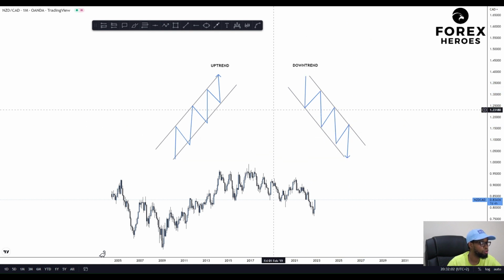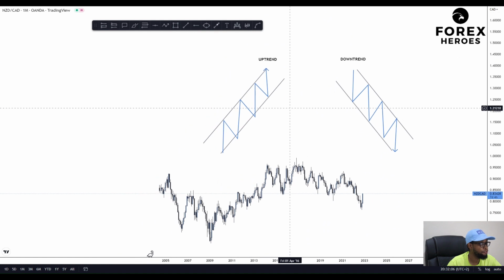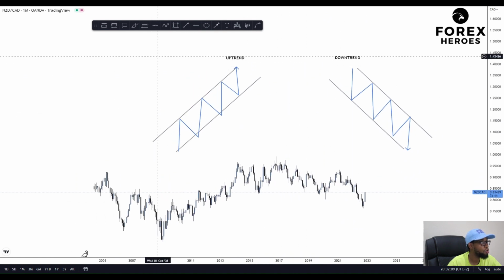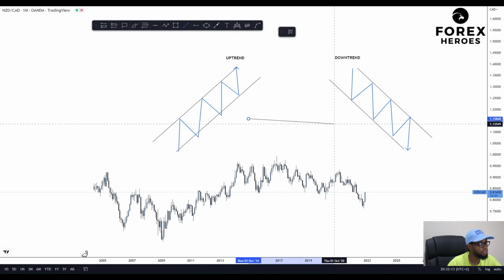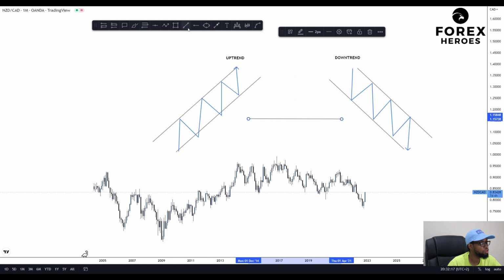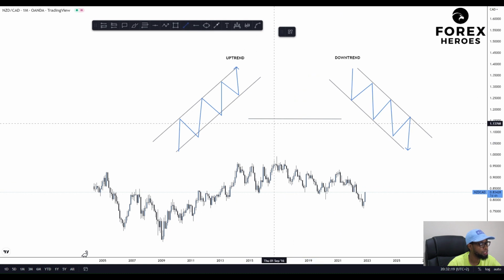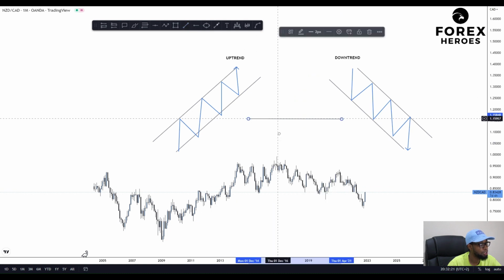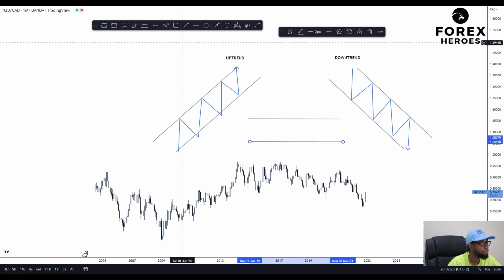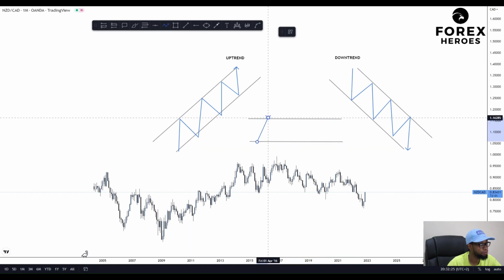So you can see the two types of trends that are volatile, the trends that always have big movements, and we also have a sideways, which is something like this.